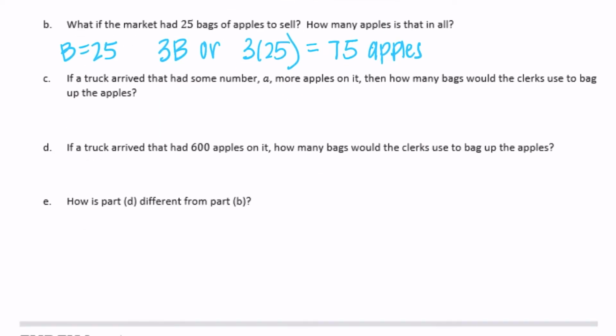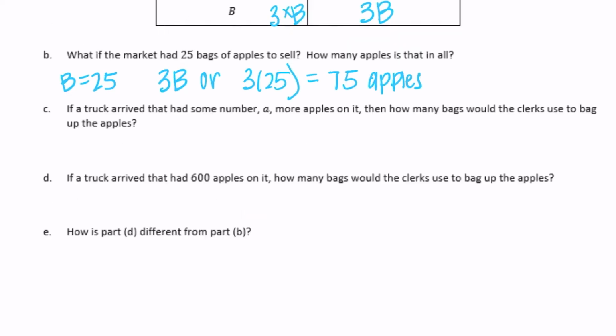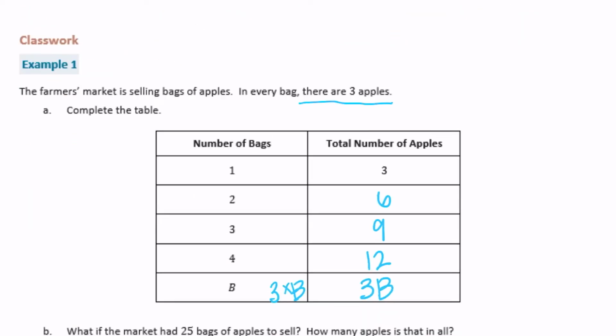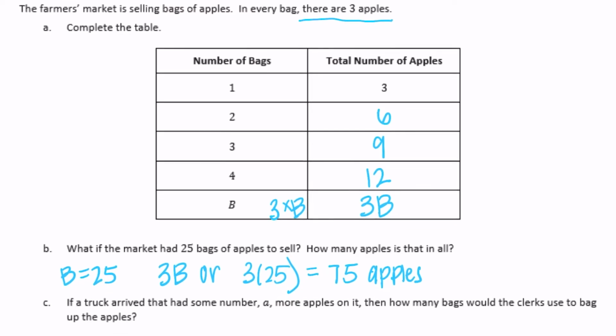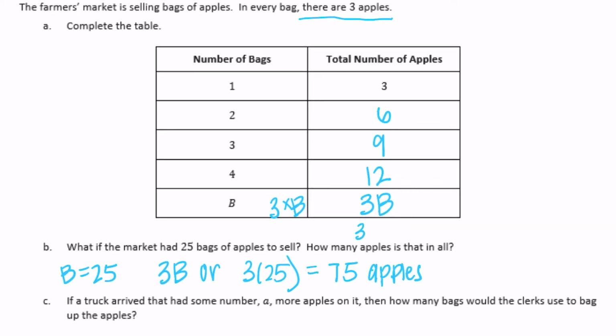C, if a truck arrived that had some number, A, more apples on it, then how many bags would the clerk use to bag up the apples? So if we knew the number of apples, so for example, maybe we know that there's 30 apples, how would we get to this?